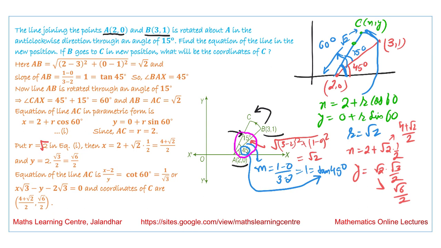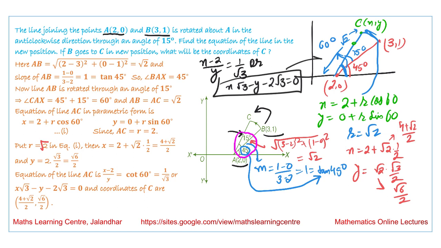So the equation of this line we obtain is (x minus 2) by y equal to 1 by root 3, or on solving this we will obtain x root 3 minus y minus 2 root 3 is equal to 0. So this is the equation of this line. We are using that the angle we have is 60 degrees.